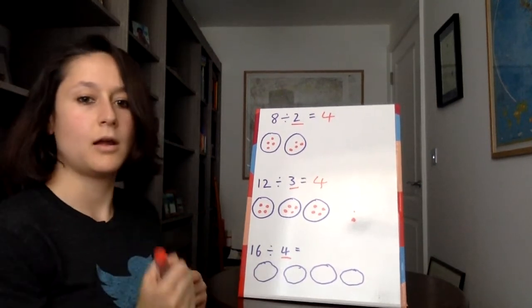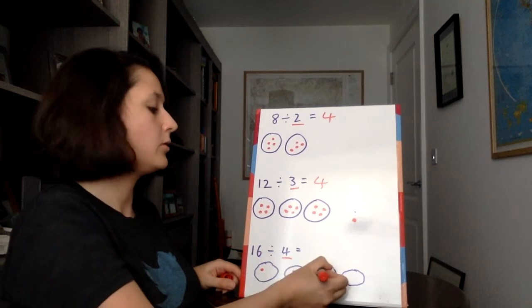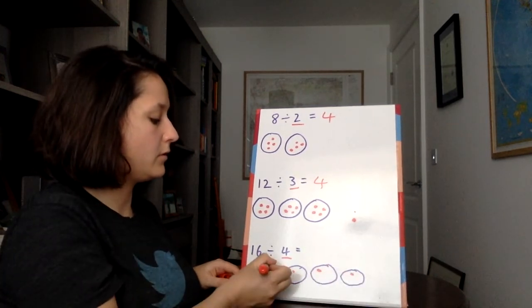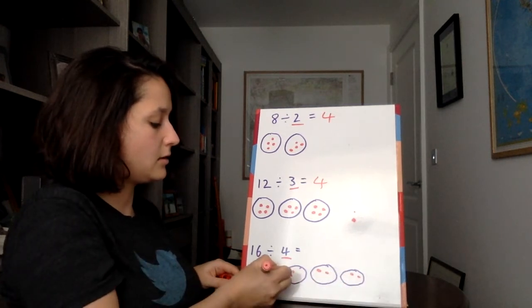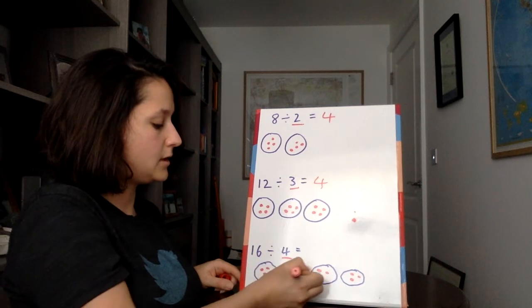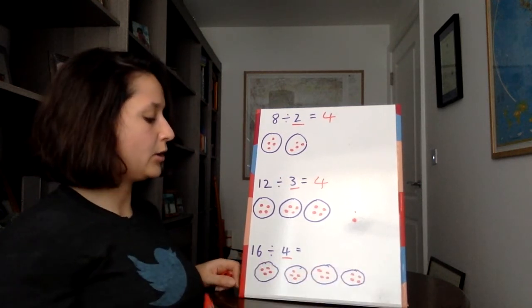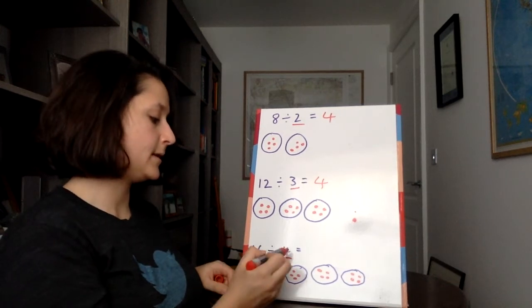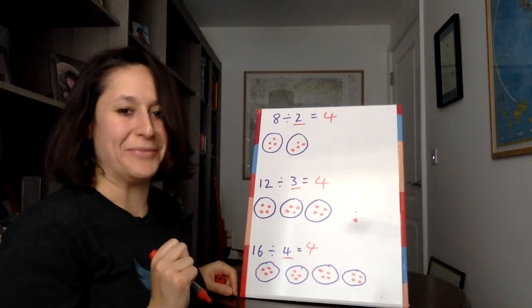And then I can count up to 16. 1, 2, 3, 4, 5, 6, 7, 8, 9, 10, 11, 12, 13, 14, 15, 16. And again, looking at one of those circles, I can see that 16 divided by 4 is 4. I seem to like the number 4 today.